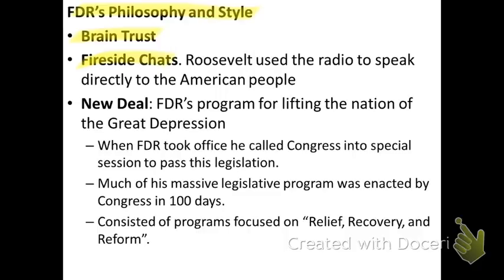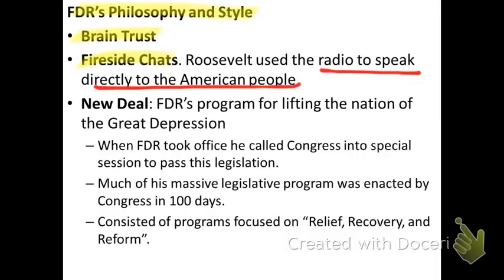His fireside chats became very well received. He used the radio to speak directly to the American people. First time this had been done. In addition to providing information on what government programs were coming out or how government programs were working, Roosevelt provided a sense of optimism, a sense of belief that we here in America could lift ourselves from the problems which we found ourselves in.